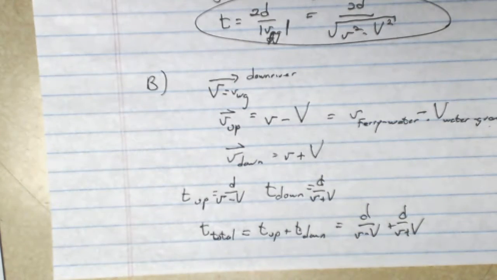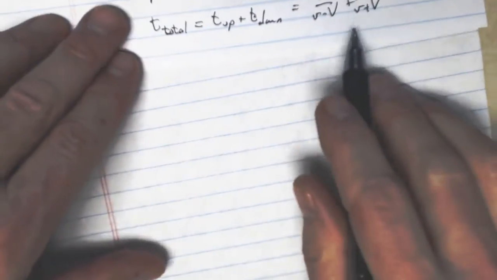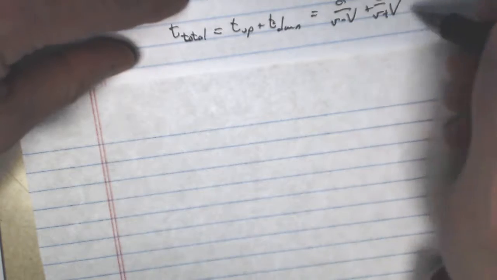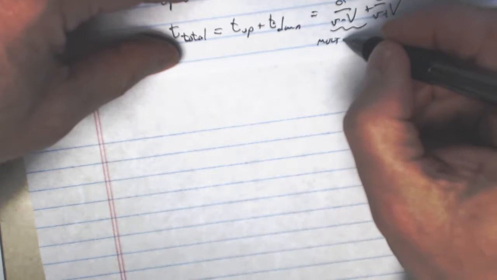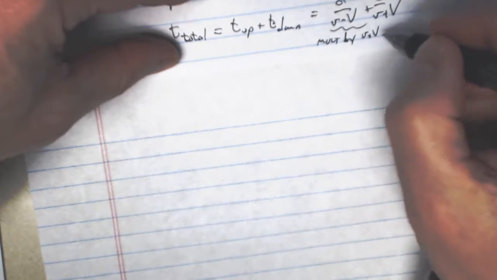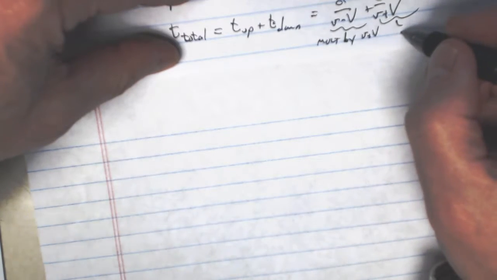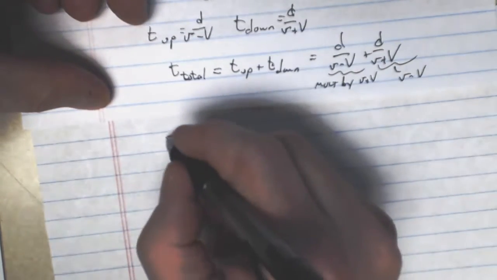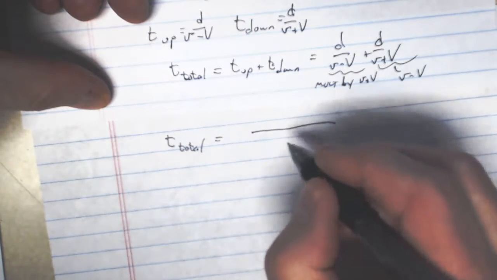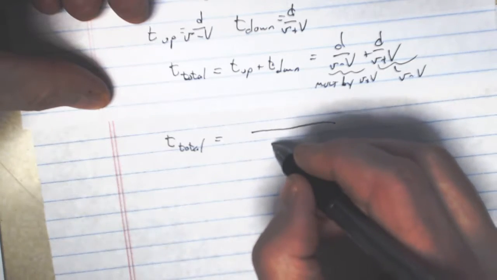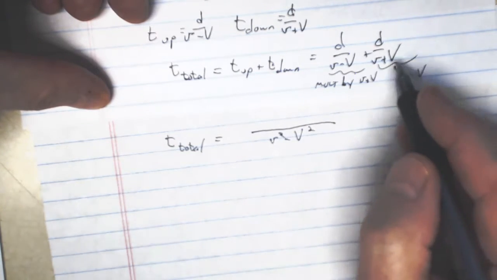Now I have to do some math to get it in the form that Ohanian has. Let me get another piece of paper. This is the correct answer, but it's not in the form that we're trying to prove. So how do we get it into that form? Hopefully you remember from your algebra, I'm going to multiply this by v plus V, and I'm going to multiply this by v minus V. Then the total time equals, well, this makes both of these terms the same: little v squared minus capital V squared for both of these.